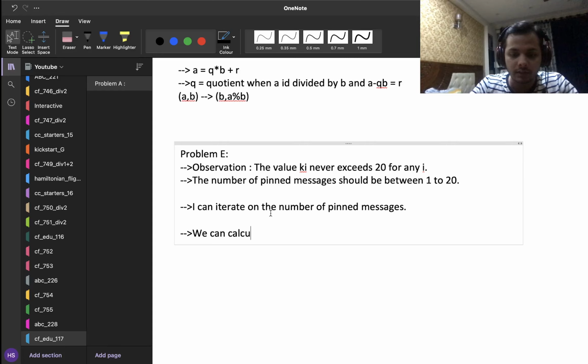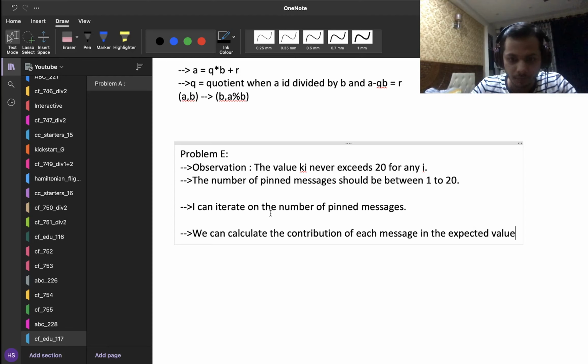So let's see what I'm trying to say. We can calculate the contribution of each message in the expected value, not message, of each student, or maybe of each message, right?